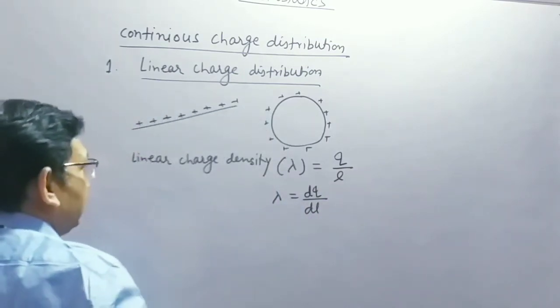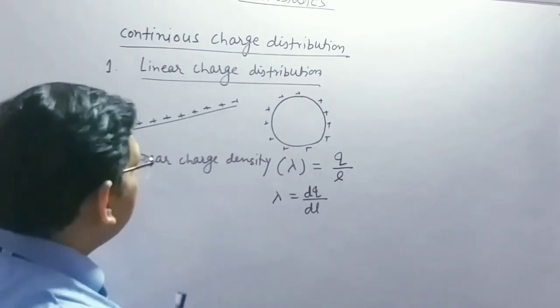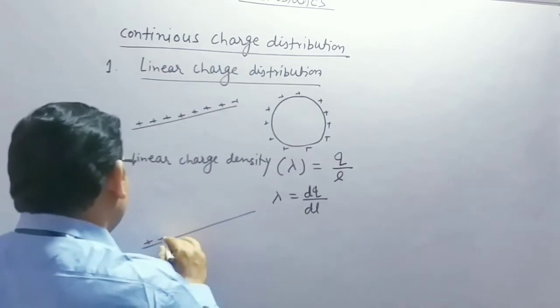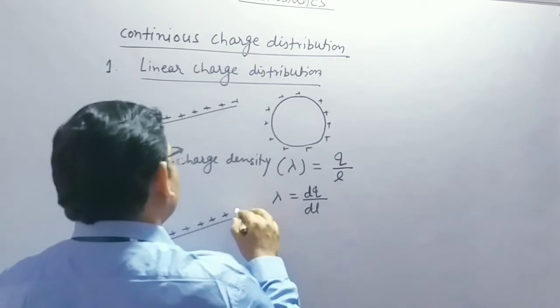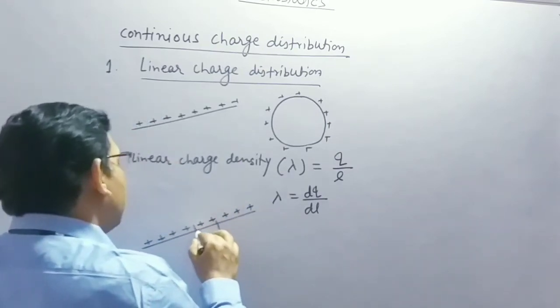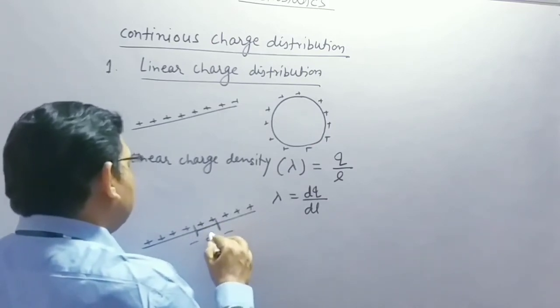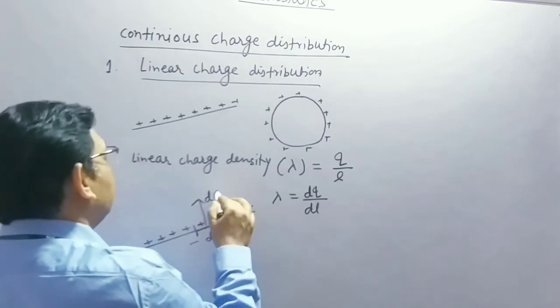Now, how to apply linear charge distribution while calculating the force? So consider once again a small rod having uniform charge distribution Q. First of all, you take a small element of length dl, and for this small element we assume charge dq.